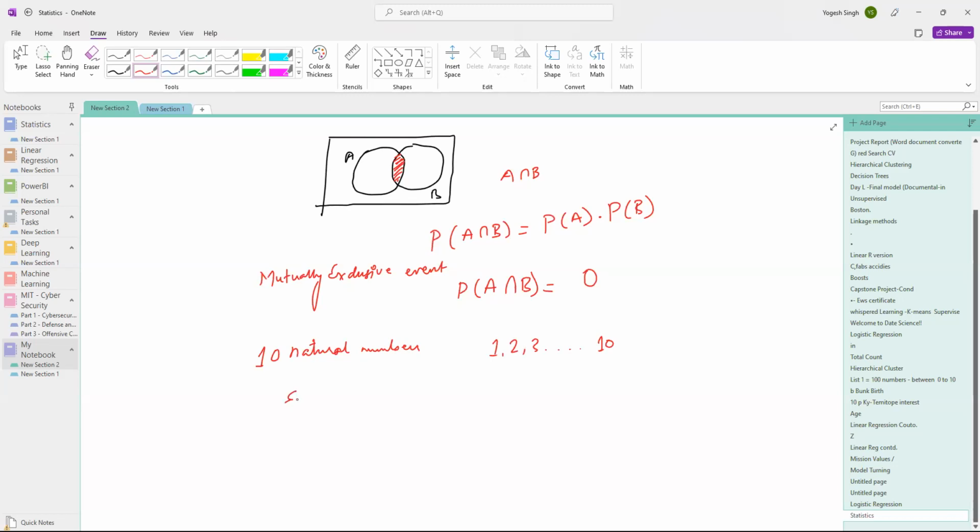Now, my first event A is even numbers, and event B is numbers greater than 7. Okay. Now your question is, find out the probability of both A and B occurring together. Correct?